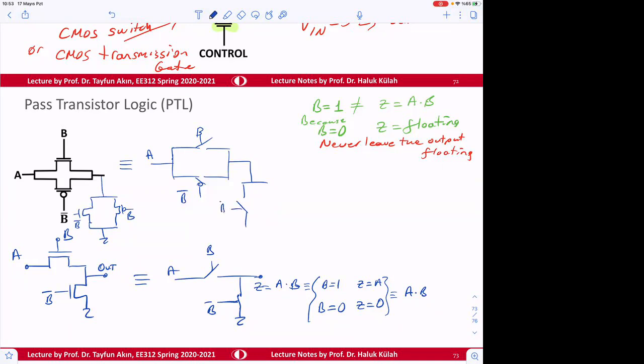Here, this switch is connected to B bar and this switch is connected to B. Okay, and this is going to be output Z.